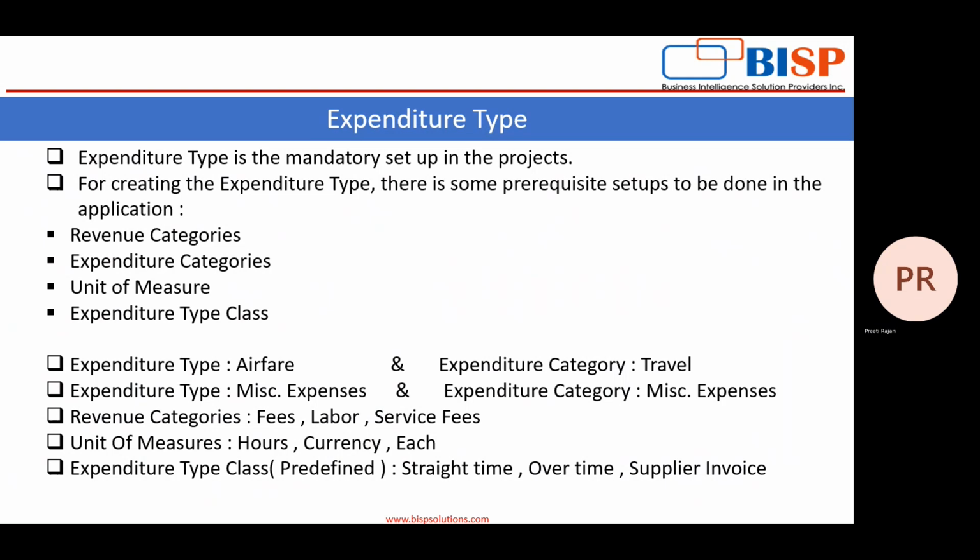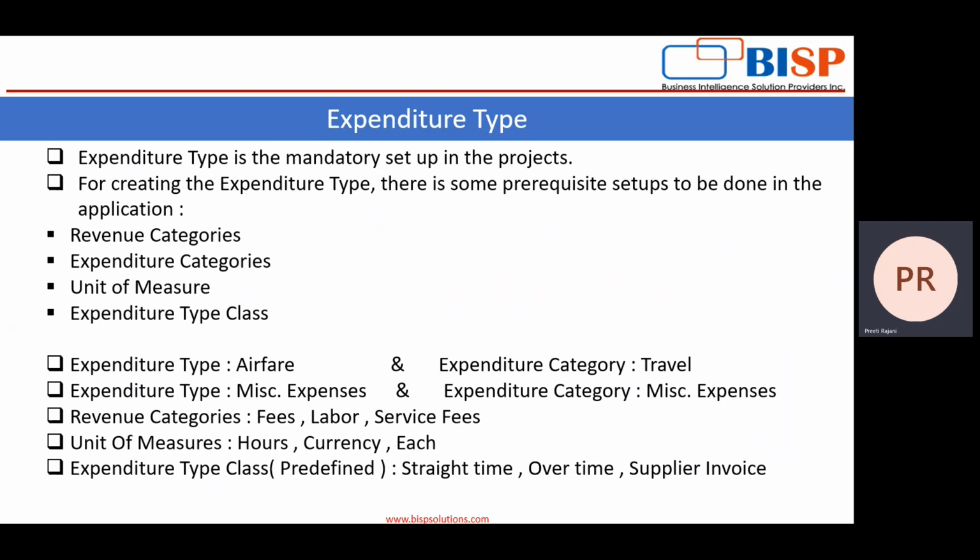Before creating the expenditure type, you need to create the revenue category, expenditure category, unit of measure, and expenditure type class, whereas expenditure type classes are predefined and units of measure are also created and imported through inventory. But you have to create the revenue category and expenditure categories.